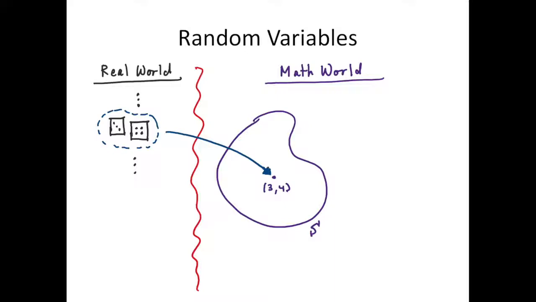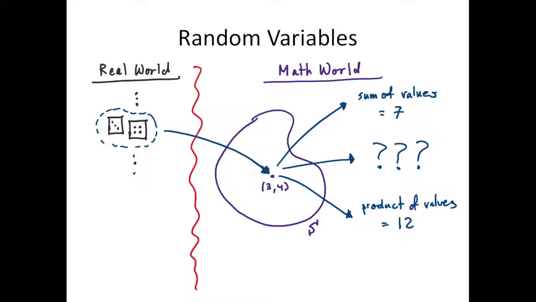So I don't necessarily care about the particular person I choose in my sample. I care about what some measurement I'm taking on that person. So random variables are what we need in our math model to start taking measurements on sample points.